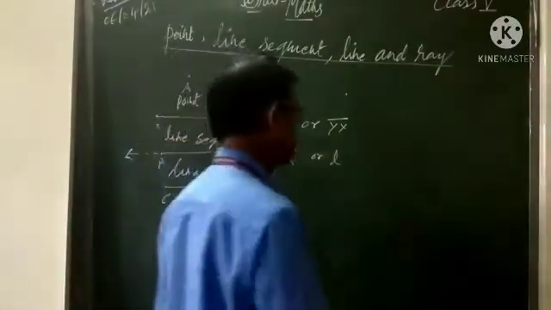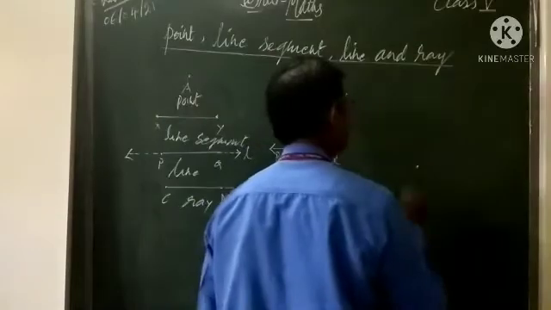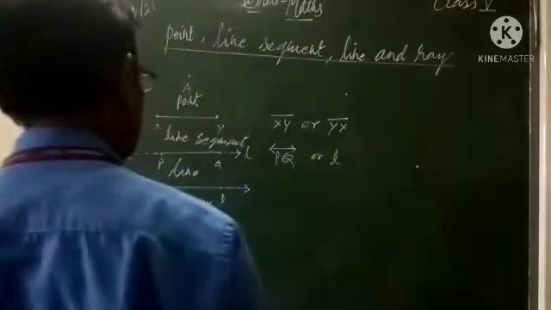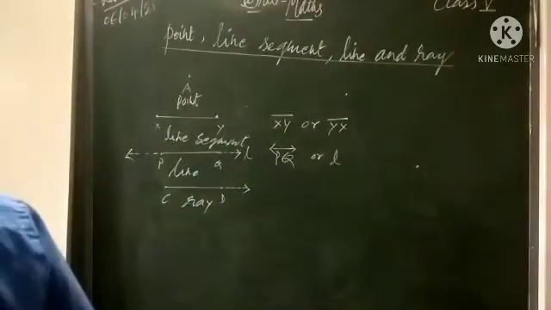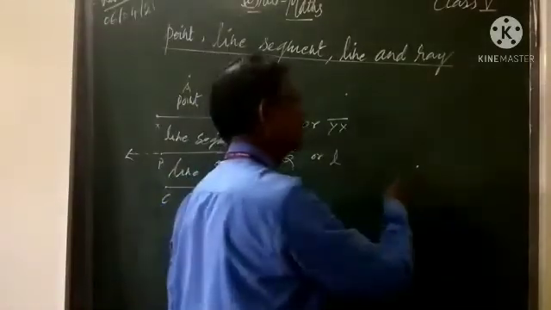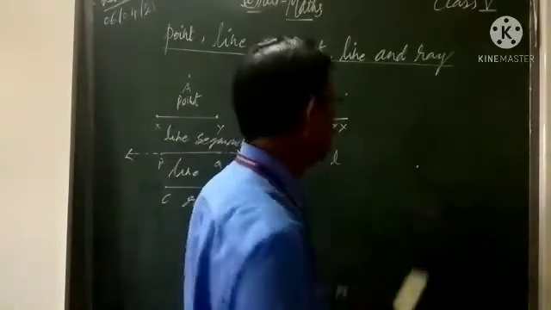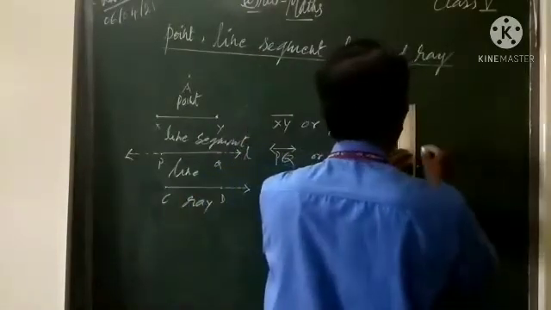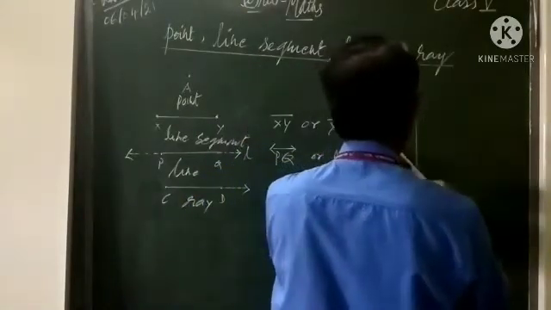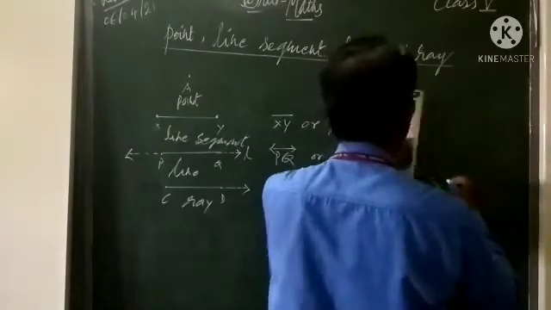Now, suppose one point is given. How many lines can we draw from one single given point? If only one point is given, then from this one point we can draw how many lines? Many, infinite. Like this.